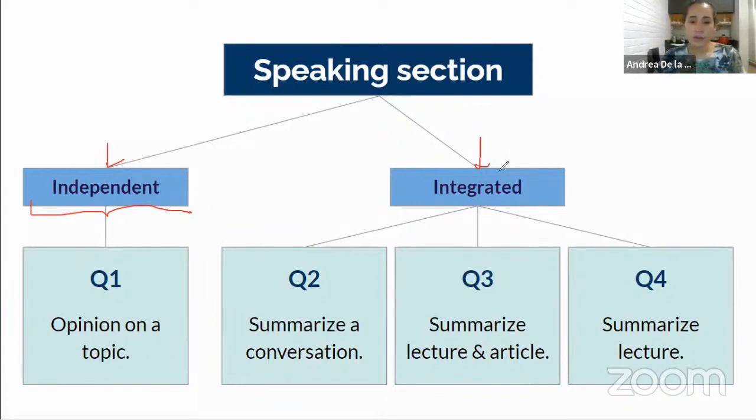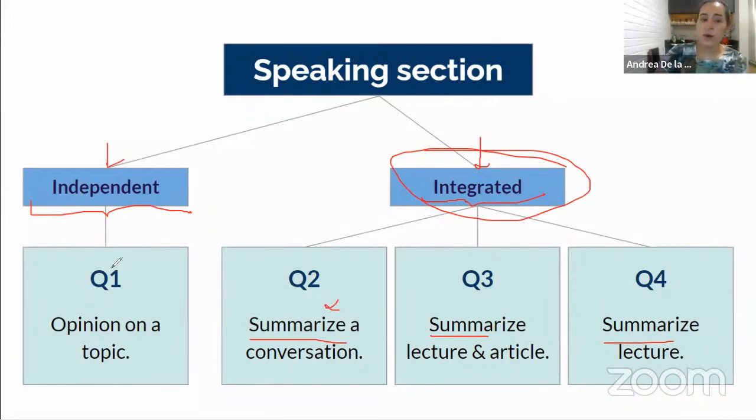And finally, the other types of questions that you get, the integrated questions, are exactly the opposite. So in the integrated questions of the speaking section, which we're going to be seeing starting next week, you will always have to summarize something. As you can see here, you summarize a conversation, you summarize a lecture, or an article. So your answers are going to depend on something else, on another content.